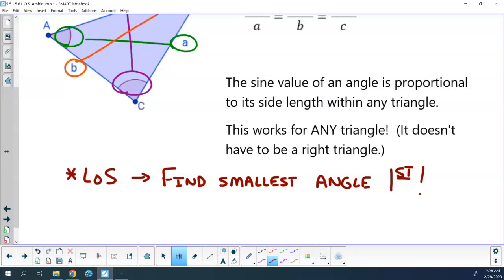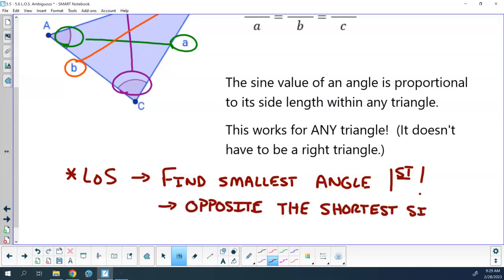No. Between the two longest sides. It's opposite the shortest side. Okay? It's opposite the shortest side.